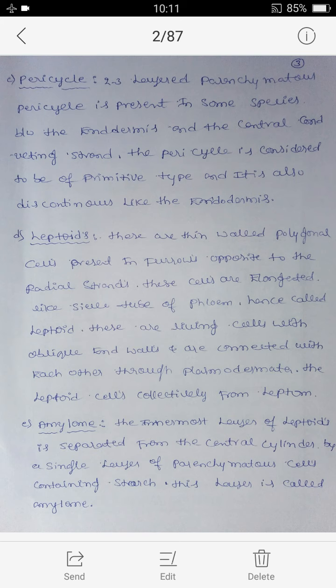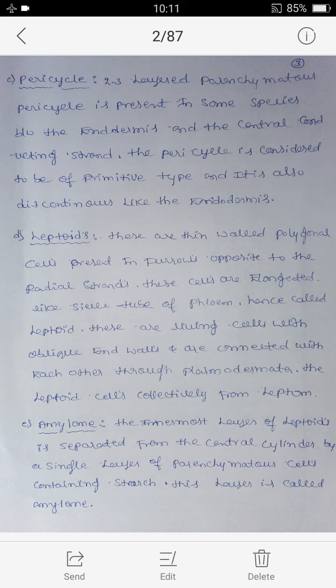These are living cells with oblique end walls and are connected with each other through plasmodesmata. The leptoid cells collectively form leptome.